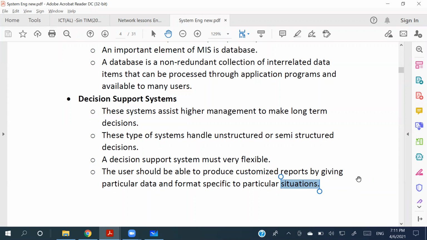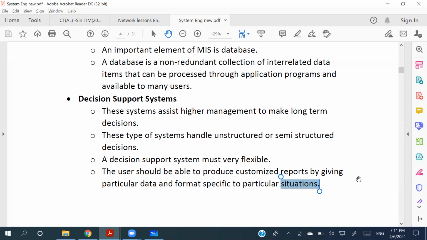Those details can be given by the decision support system, and the decision support system can also suggest some decisions regarding this particular employee, right? So higher management can take those suggestions into consideration and make the final decisions.